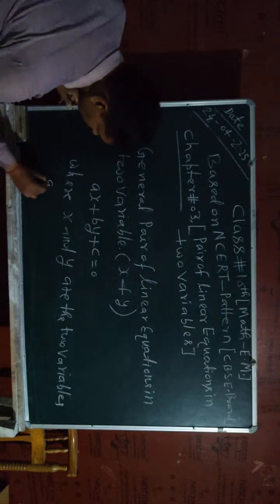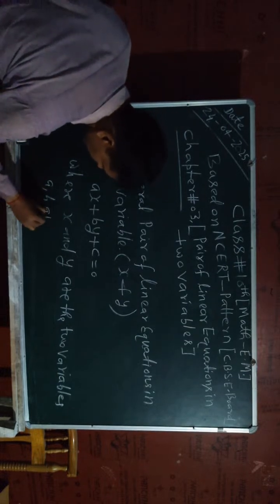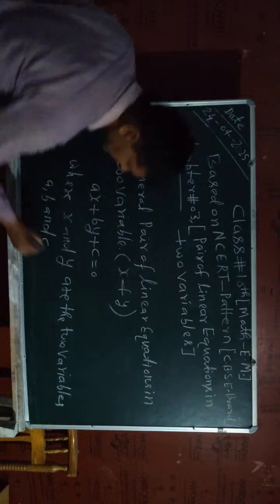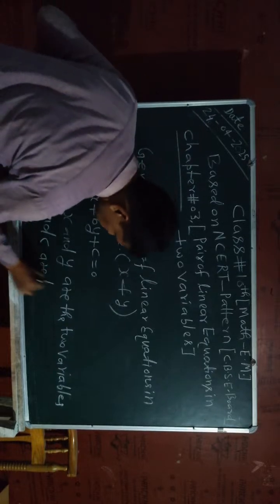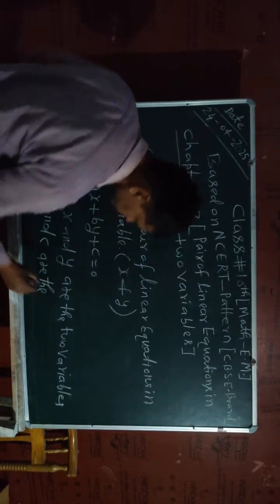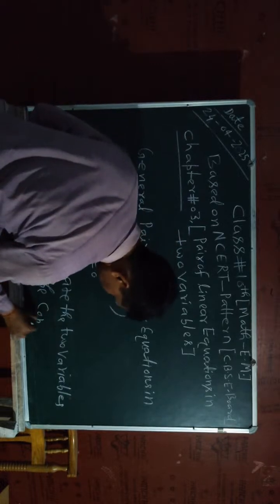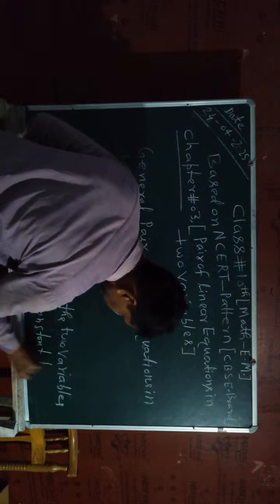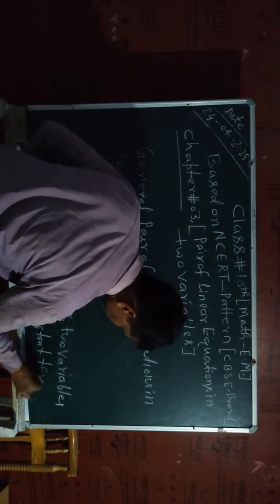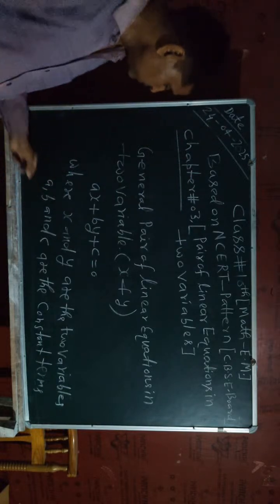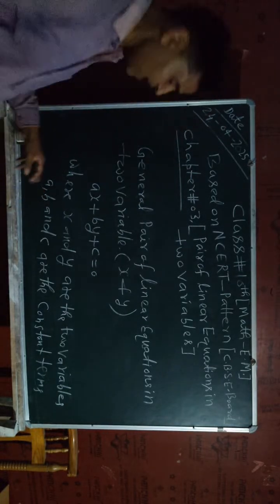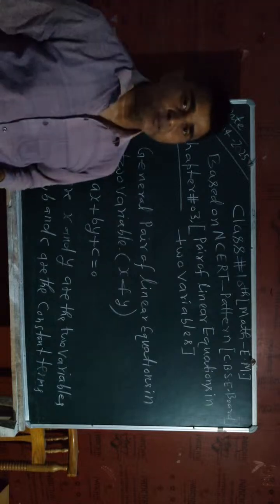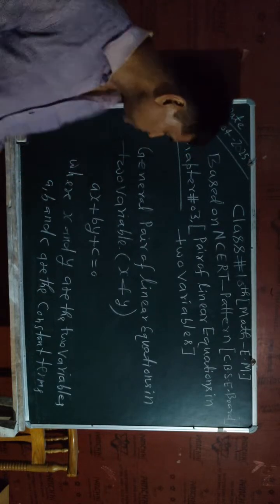So a, b and c are the constant terms, and these constants can have values from minus infinity to plus infinity.